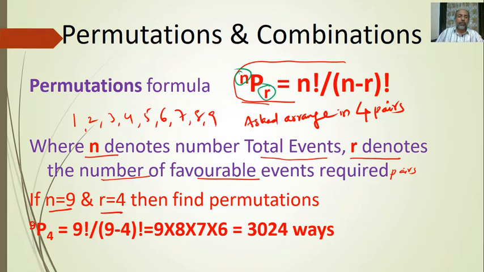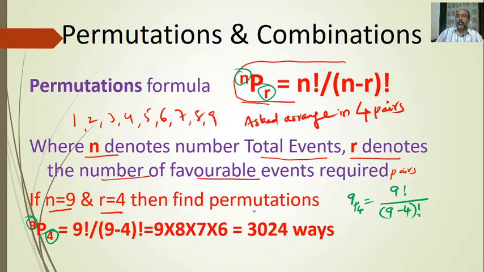So the same is written as 9P4. So what is the formula? n factorial divided by n minus r factorial. n means 9 factorial. So 9P4 is equal to 9 factorial divided by 9 minus 4 factorial.